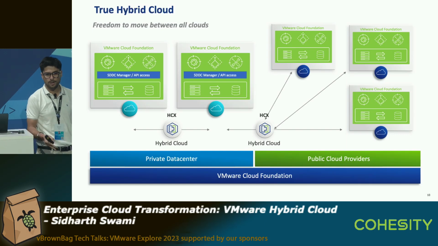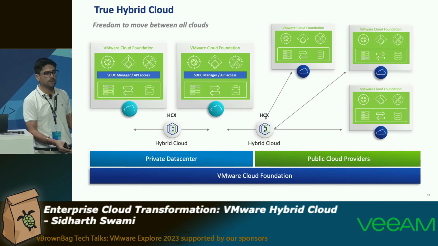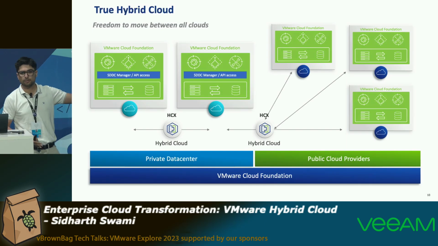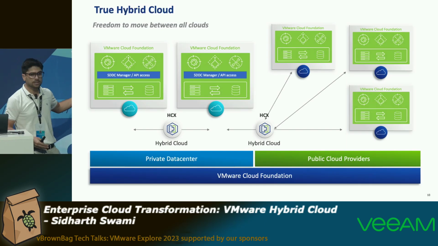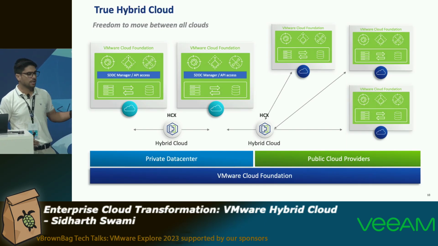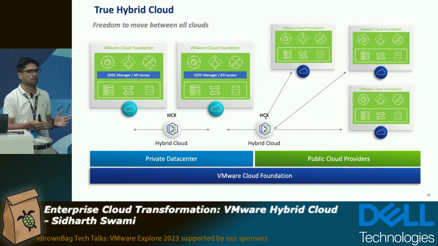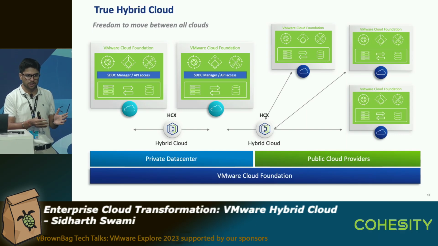It could be your on-premises, near DR, your co-location DR, or it could be placed anywhere. It could be a robo-location, right? And using the hybrid cloud extension, customers have the ability to migrate the workload from one place to another. It gives them seamless portability where they need not lock in to a particular data center, and the workload gets the freedom to move as and when it is required.